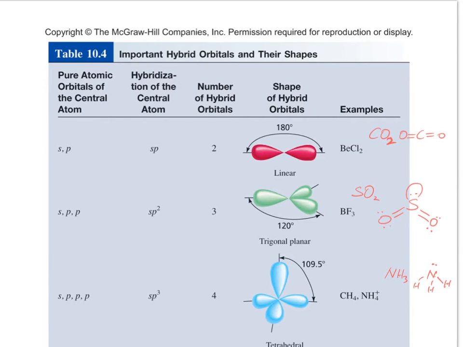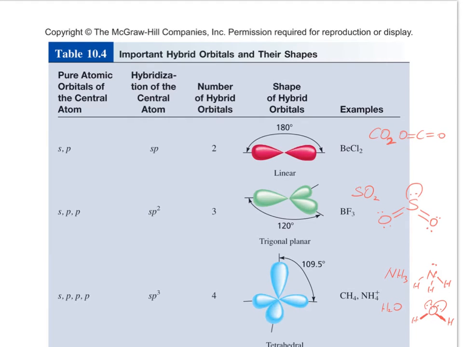How about water? In water, the central oxygen has 2 lone pairs, and it also forms 2 single bonds with hydrogen. Then we have 2 bonding pairs, each a single bond, and 2 lone pairs.